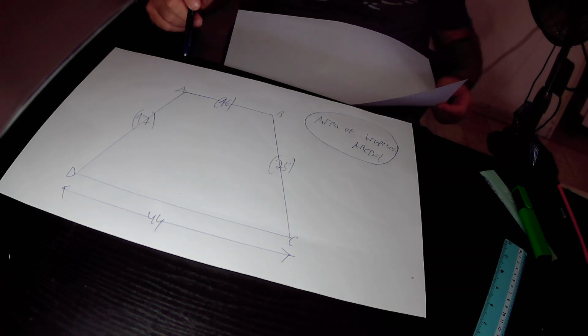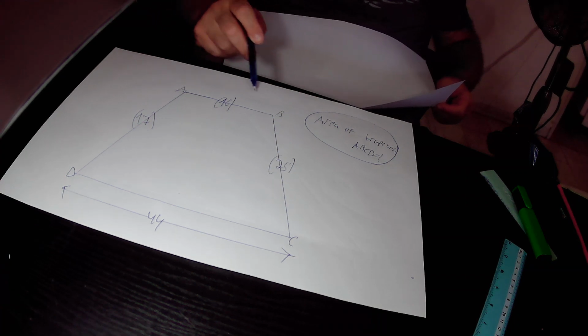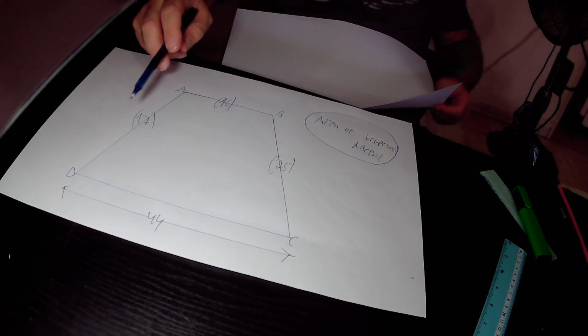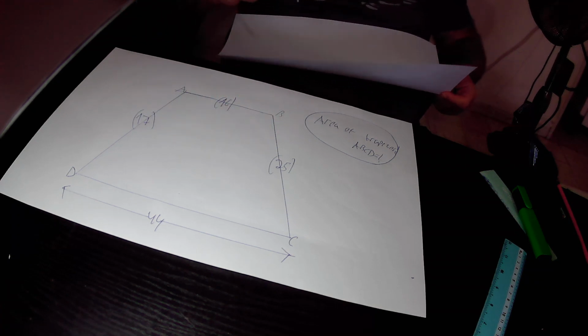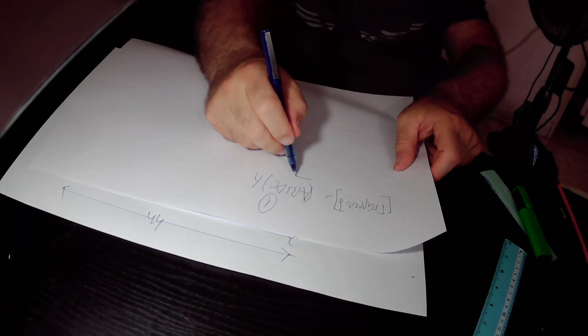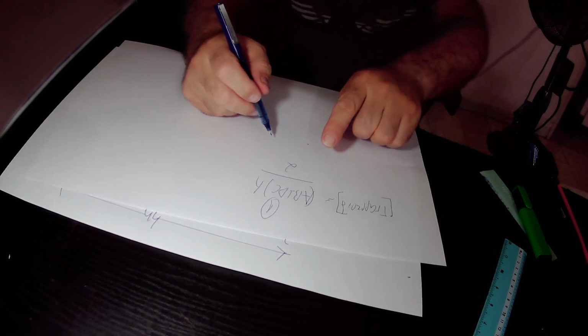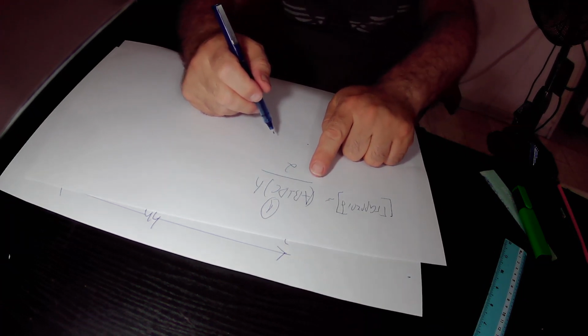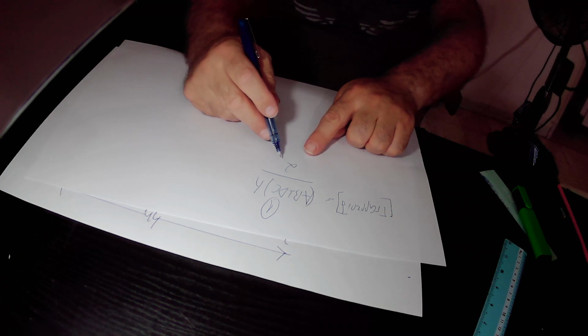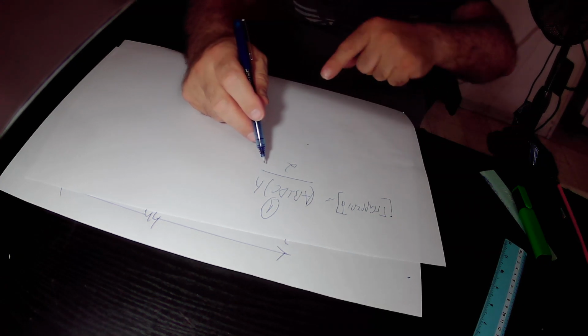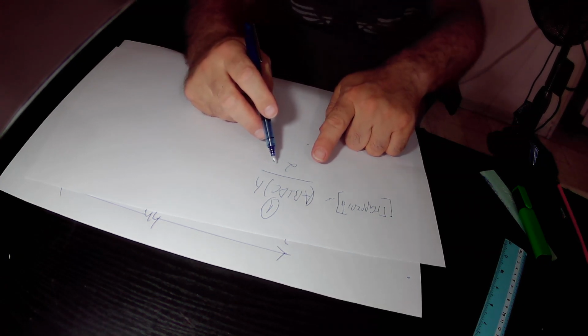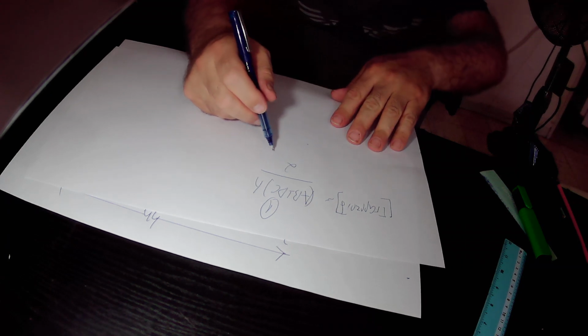That is to say, it must create 90 degrees with the base AB, and it also must create 90 degrees with the base DC. So in conclusion, the area of trapezoid ABCD equals the sum of its two parallel bases, that is AB plus DC, times the height over 2. And the height must create 90 degrees with the two bases AB and DC.